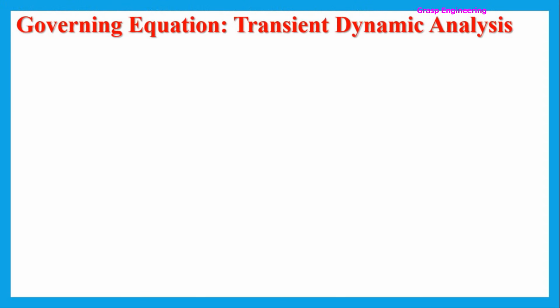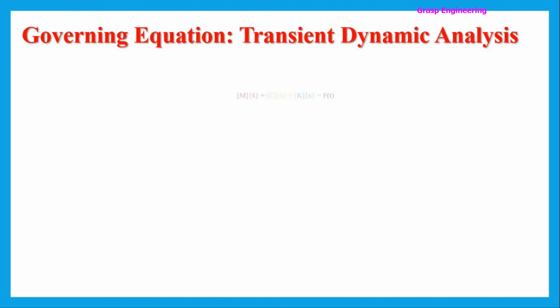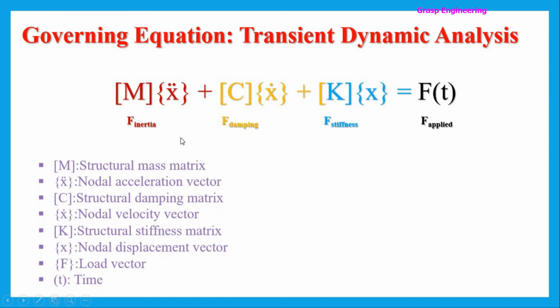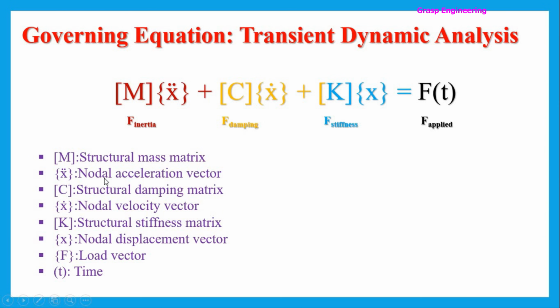Now let's discuss the governing equation of transient dynamic simulation. It is nothing but M x double dot plus C x dot plus K x is equal to F of t. As the names suggest, this is the nodal acceleration vector, this is the velocity vector, and this is the displacement vector.